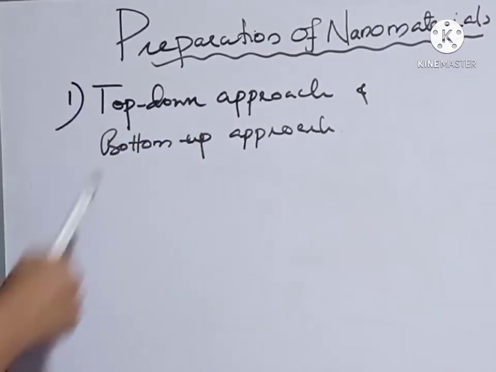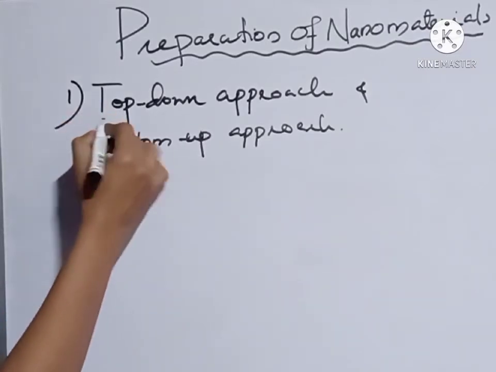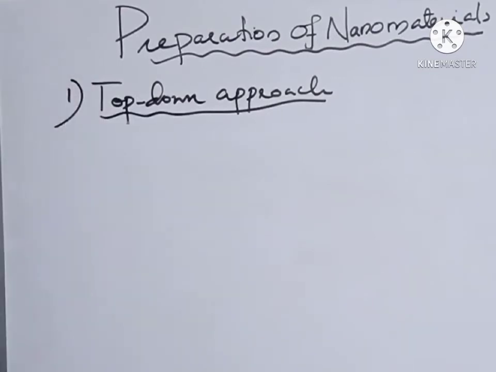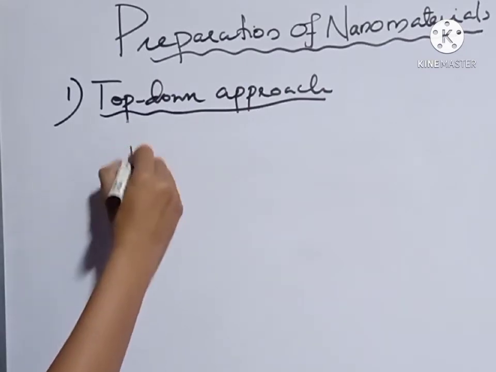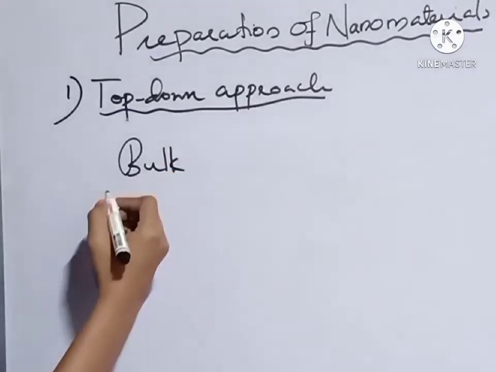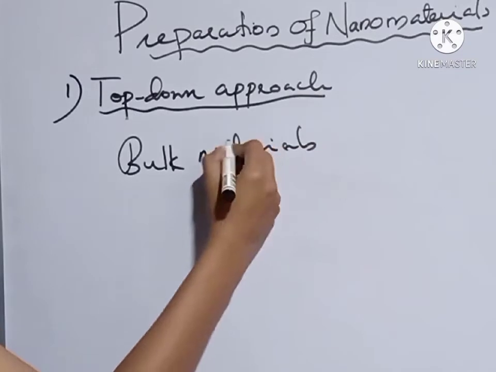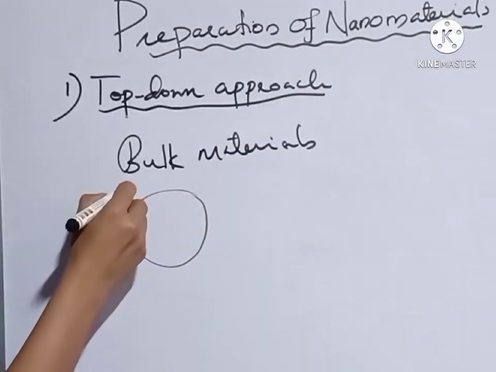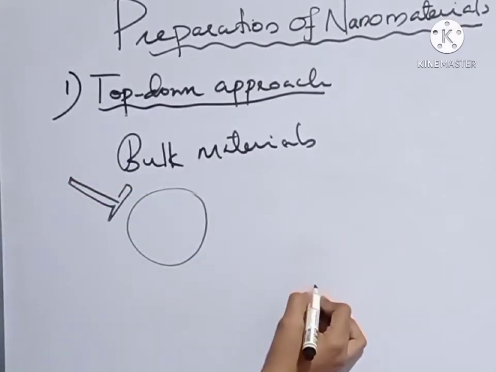So the first method is top-down and bottom-up approach. And first of all, the top-down approach. In the top-down approach, the name itself says that the starting material has a larger size, that is, it starts from bulk materials, and the breaking down of the larger entities will give nano-sized particles.